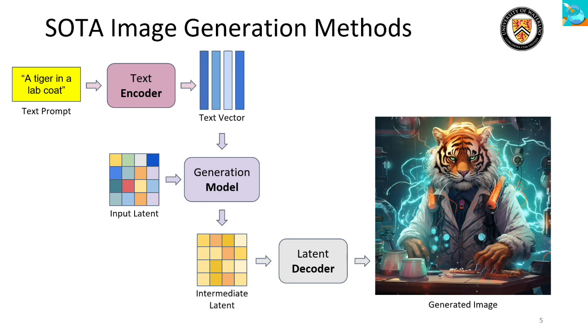And then with the text vector and the input latent, you feed them into the generation model, which could be a diffusion model or other kinds of models, and it will produce an intermediate latent, which can be visible or non-visible by humans. Then you feed this intermediate latent into a latent decoder. Then you will be able to get back a synthesized image that is aligned with the text prompt.